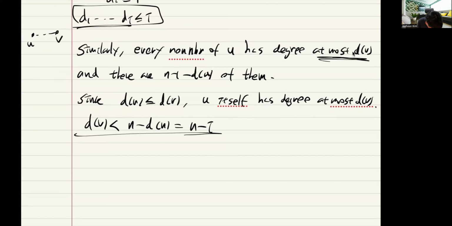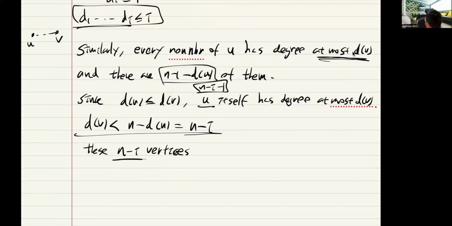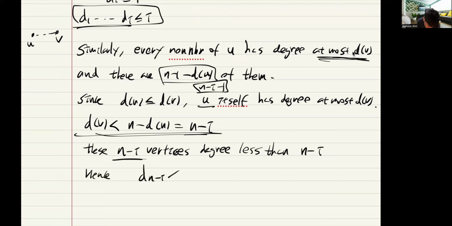So this is n minus i minus 1 vertices, and together with u, there are n minus i vertices. All of them have degree less than n minus i. Hence d_{n-i} is smaller than n minus i, because there are n minus i vertices, all of them having degree less than n minus i.